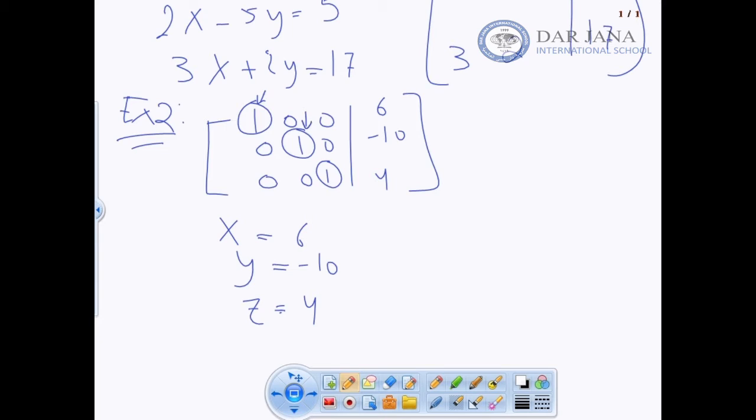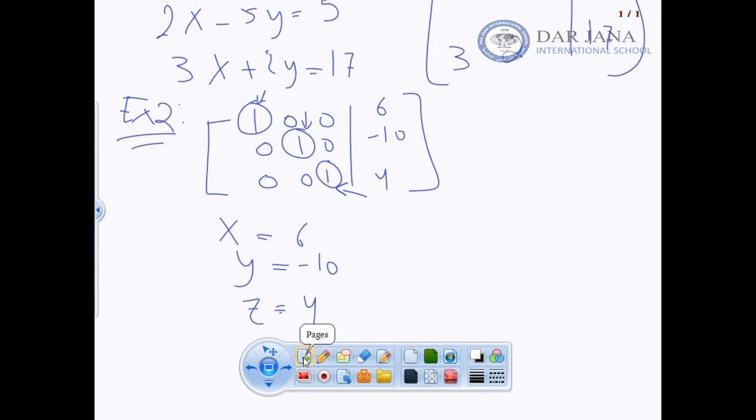And for the third row, the leading coefficient is 1, the numbers above it are zeros. So this augmented matrix is written in reduced row echelon form. We will talk about row echelon form and reduced echelon form throughout the lesson.